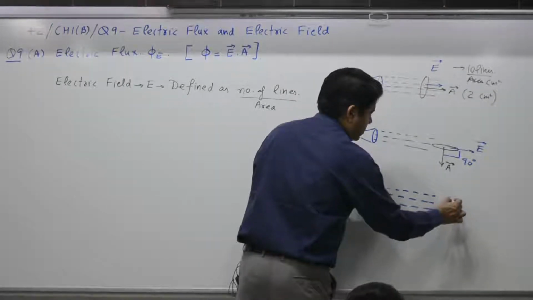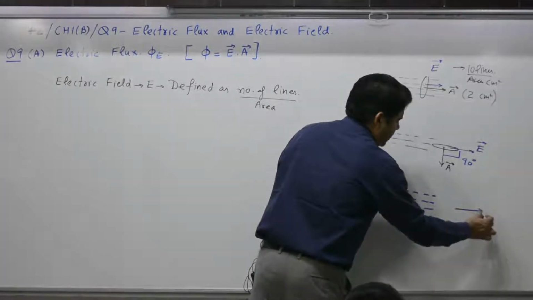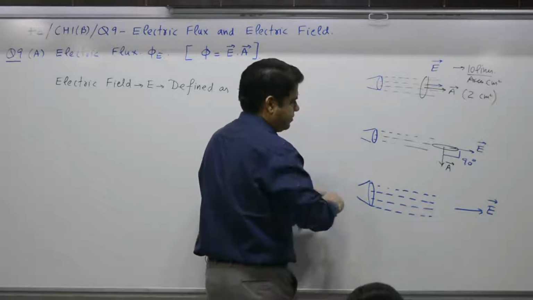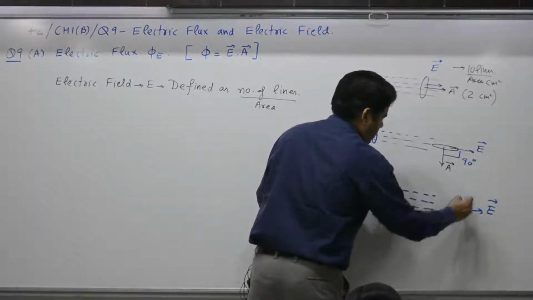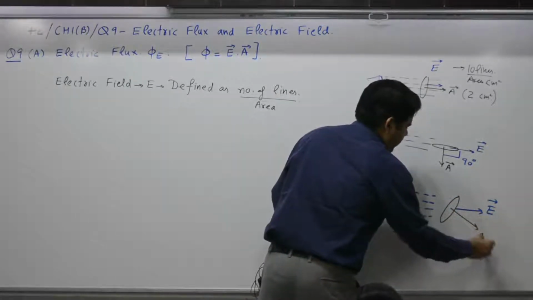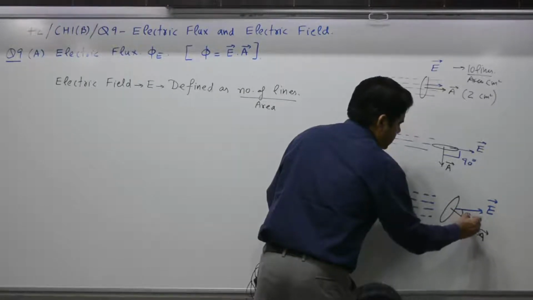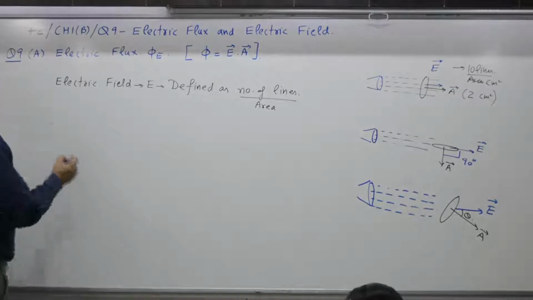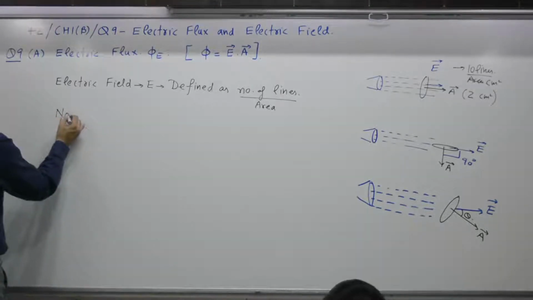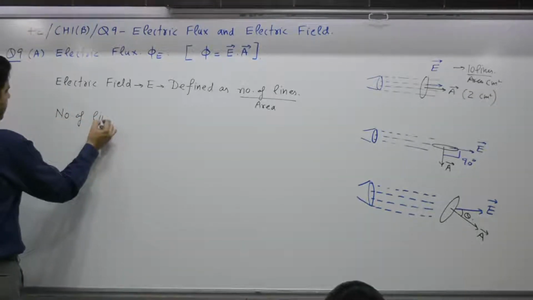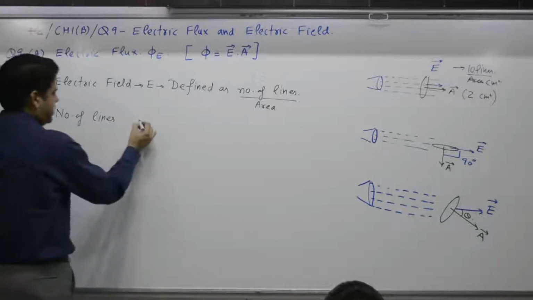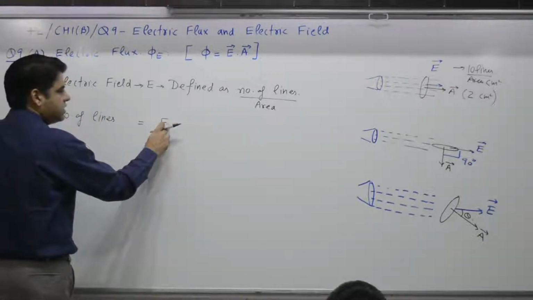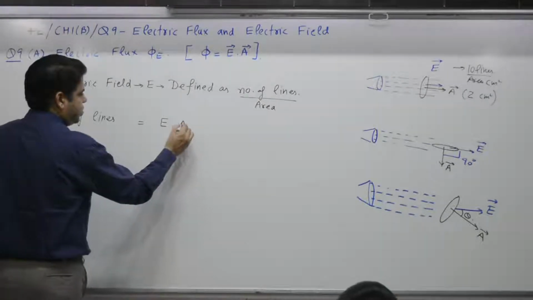Now we want to come out with a general formula. This is the direction of E. You have a ring. This is area vector A. The angle between the two is theta. Do you agree that the number of field lines passing is equal to E, the number of lines per unit area, into area?